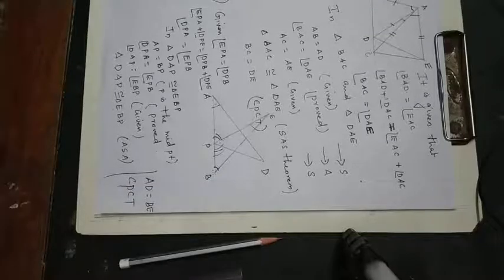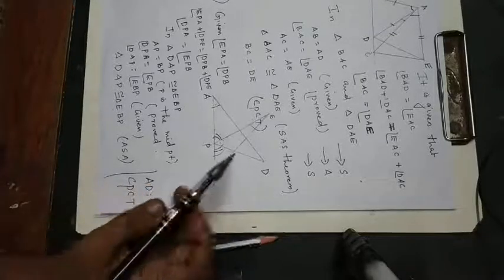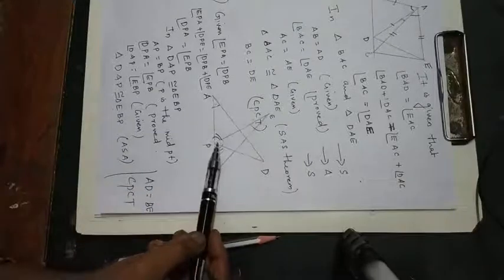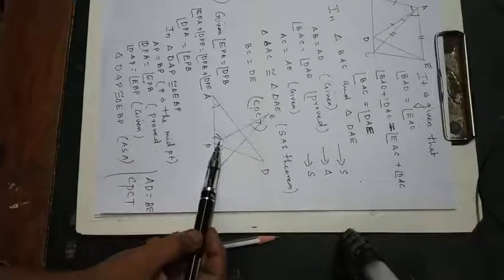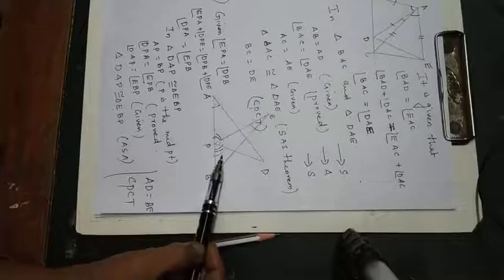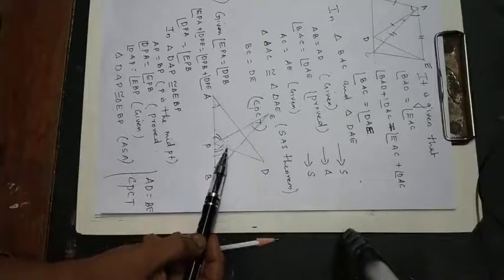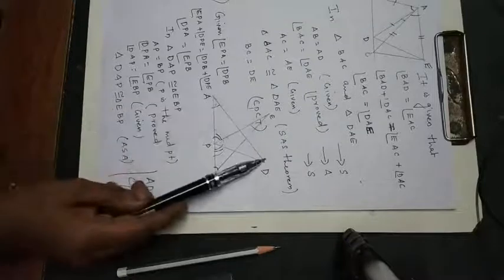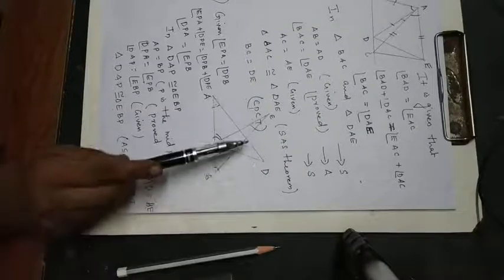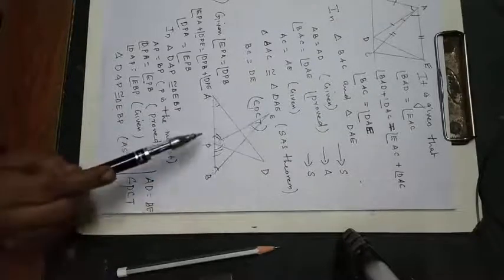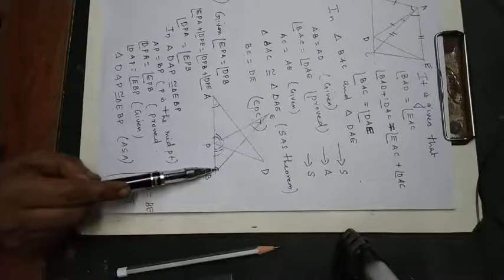So this one, how will you prove? Like in the previous problem, you first add the smaller angle to both of them, so that the two bigger angles will be equal. Now one angle is DAP and another angle is EBP. They are equal, that is given there.